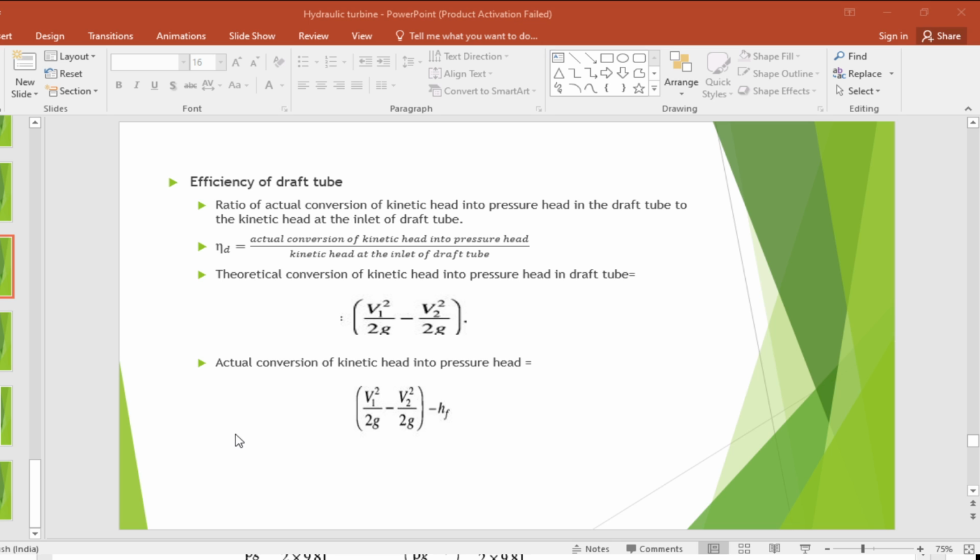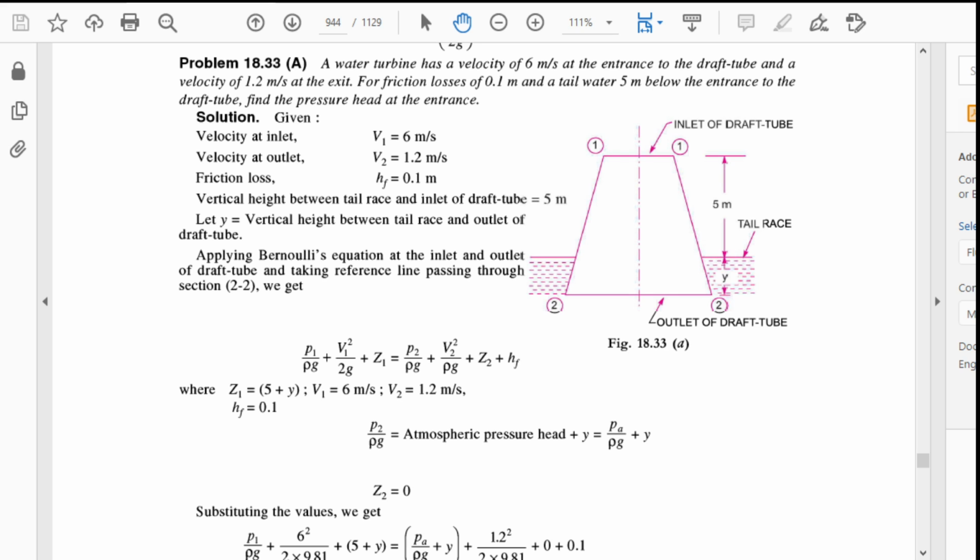Now the numerical on draft tubes. The first numerical is: a water turbine has a velocity of 6 meters per second at the entrance to the draft tube and a velocity of 1.2 meters per second at the exit.